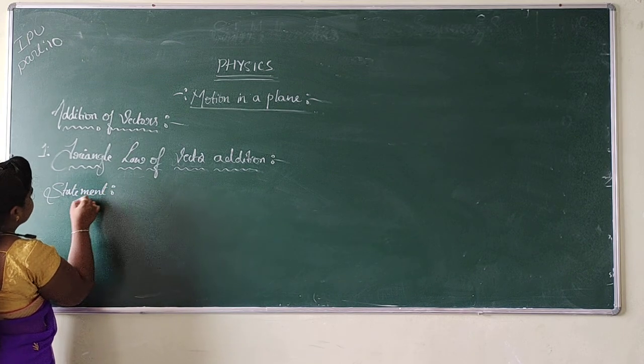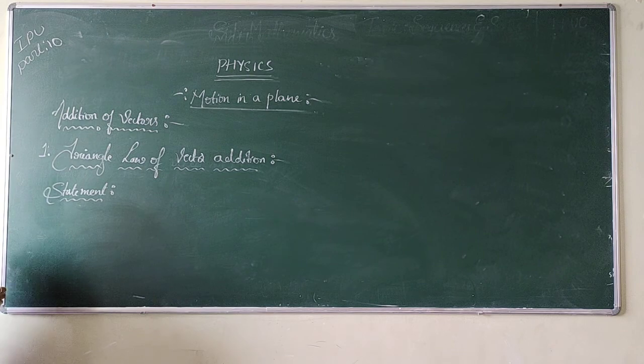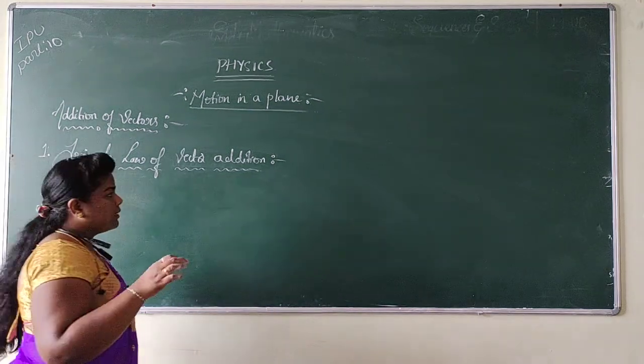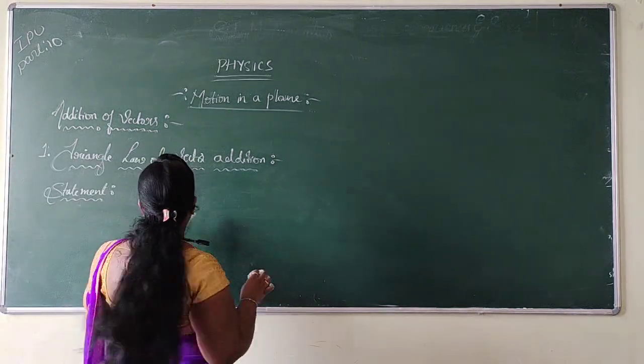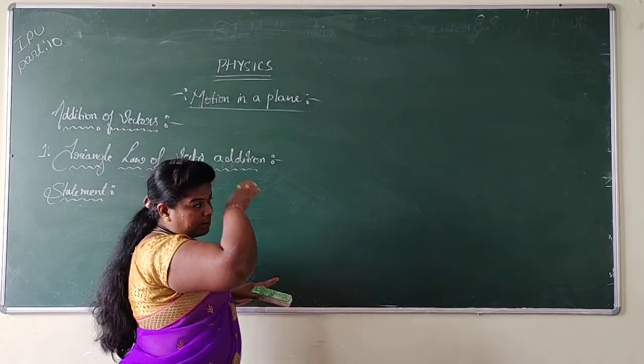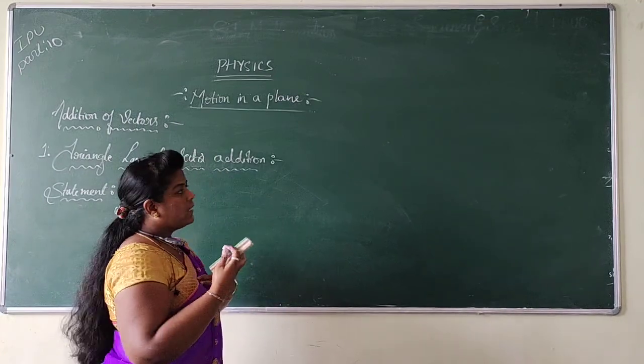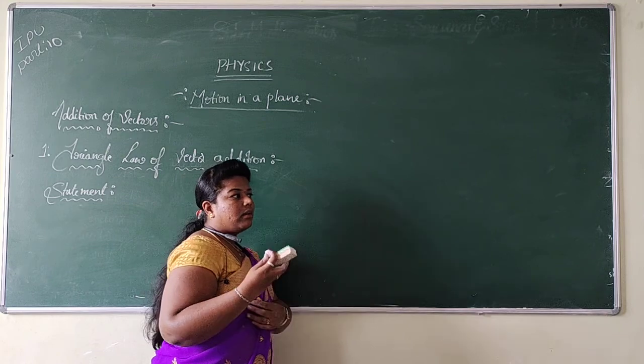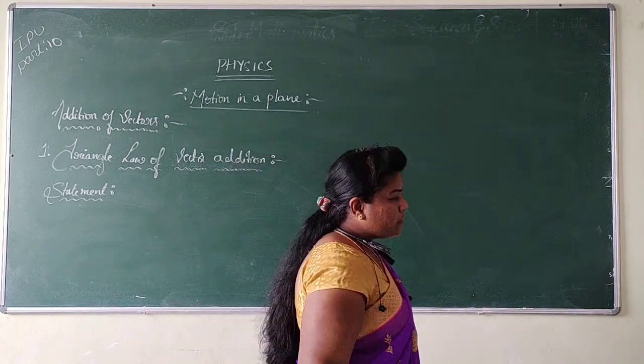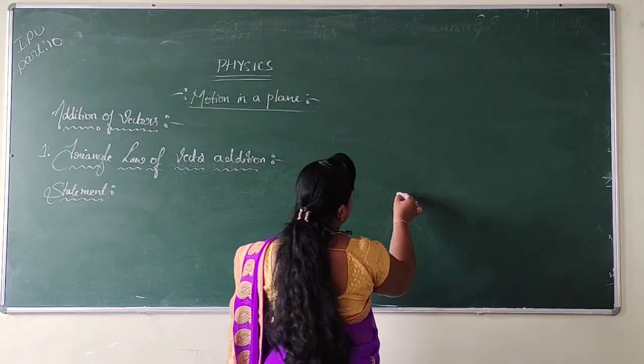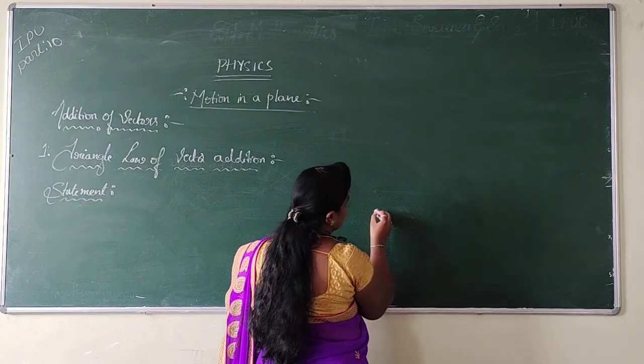You can observe that triangle exactly shows that we are going to represent the vectors in a triangle form.